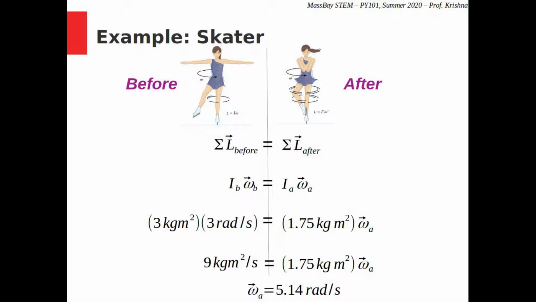Her final moment of inertia is 1.75 kilogram meters squared. So her initial angular momentum is 9 kilogram meters squared per second, and we can easily figure out that her final angular velocity must be positive 5.14 radians per second, which is counterclockwise.